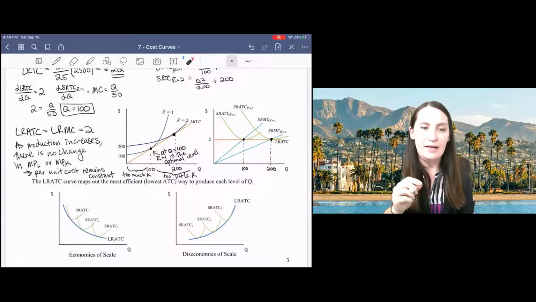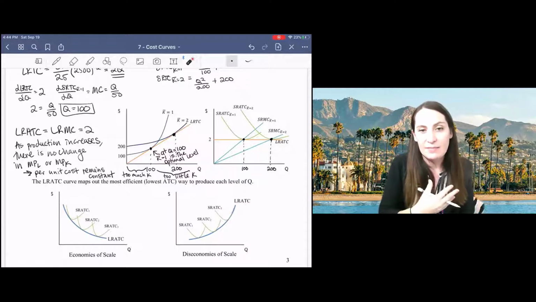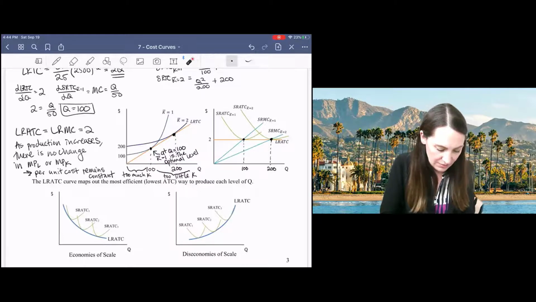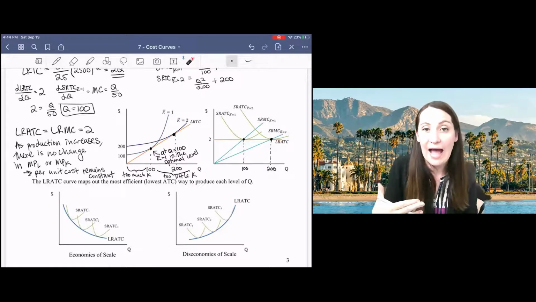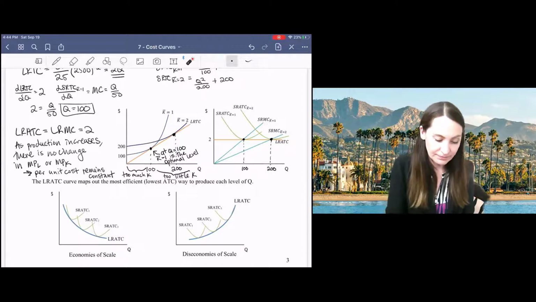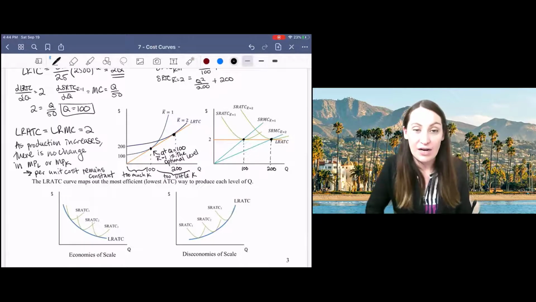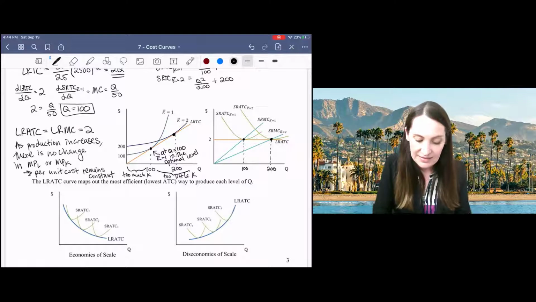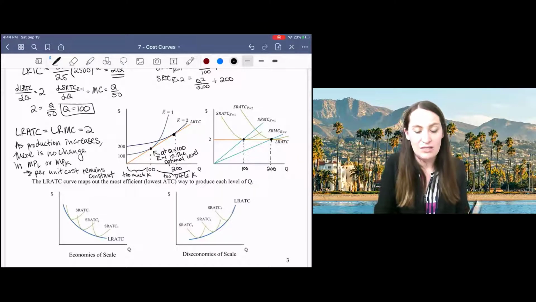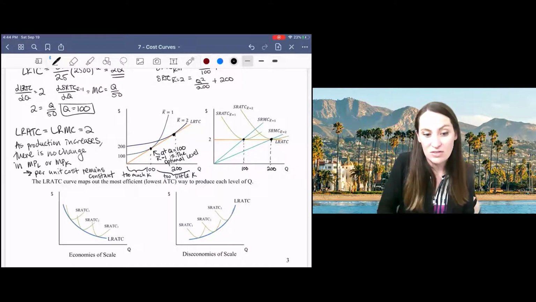And again, if we had a fixed amount of capital in the short run, we would be along one of these short run average total cost curves here, where the tangency represents the production level that is optimal for that fixed level of capital. But with these graphs, I'm really trying to show you the difference between this kind of constant long run average total cost and one that's increasing or decreasing.